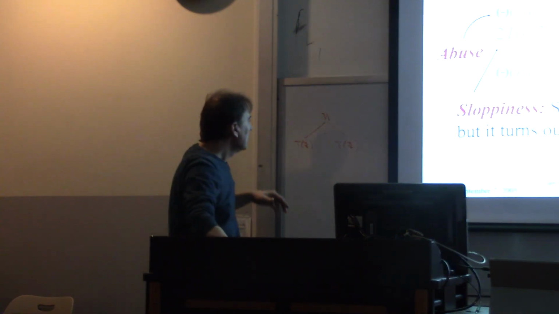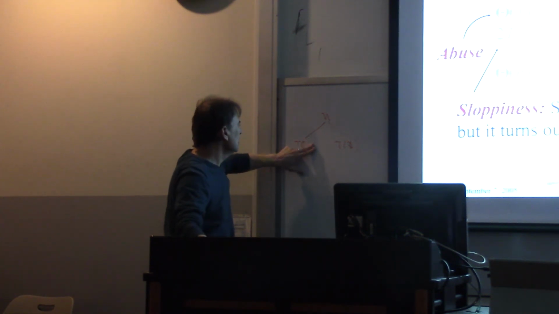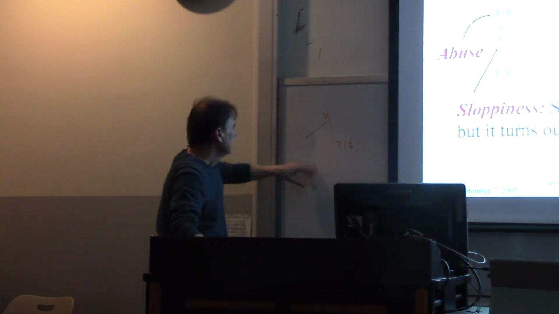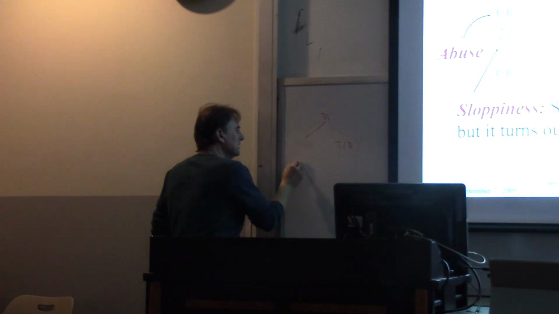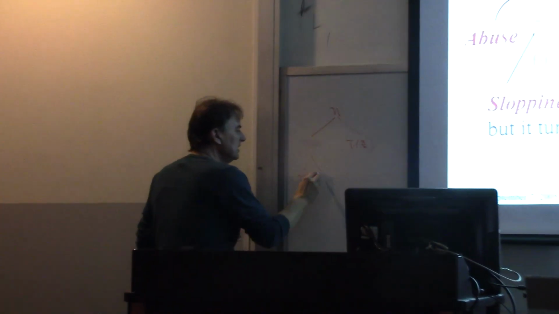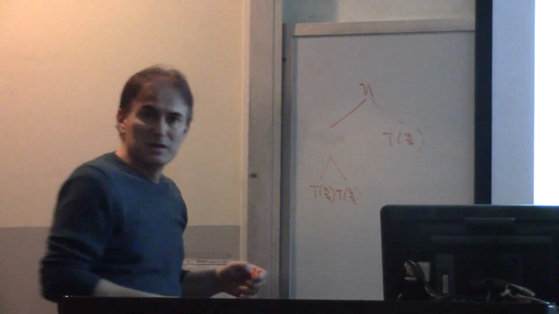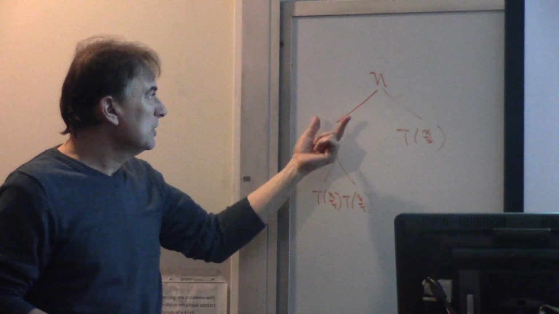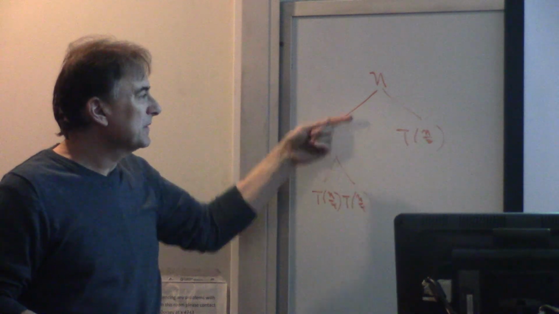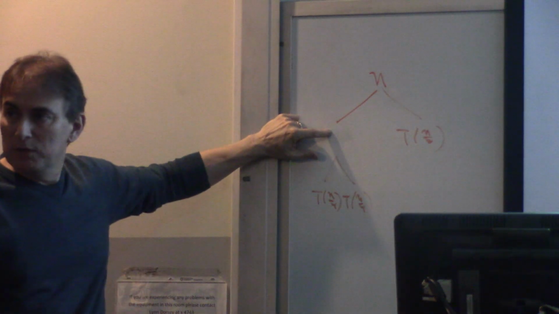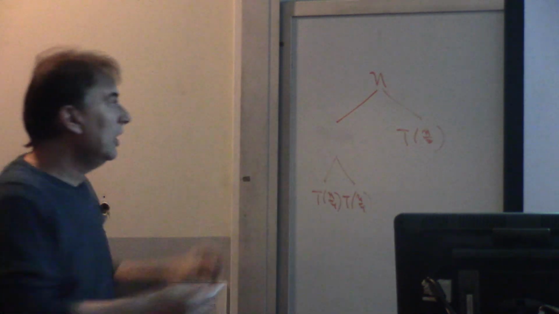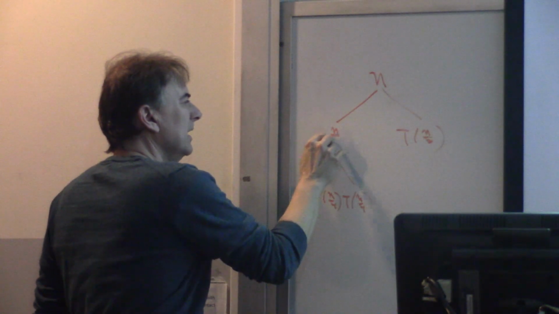Okay, so now level 1 gets n over 2. It then will generate these deeper levels of t of n over 4, t of n over 4, right? They will merge them, but the problem size going into level 1 was n over 2, therefore the merging cost will be n over 2.